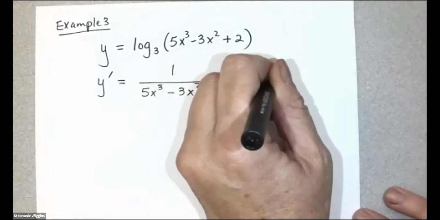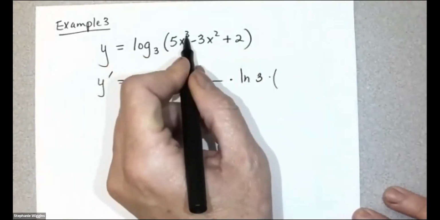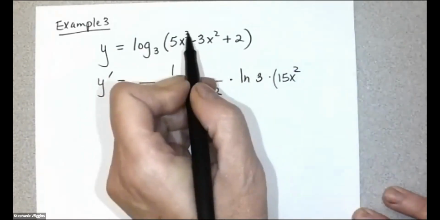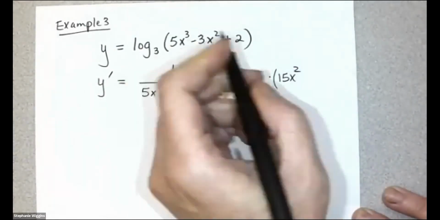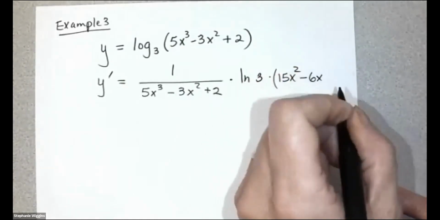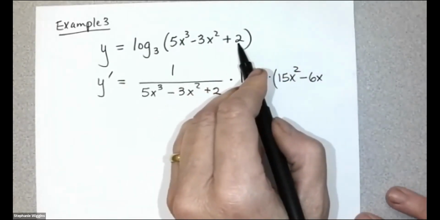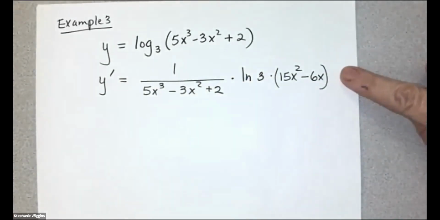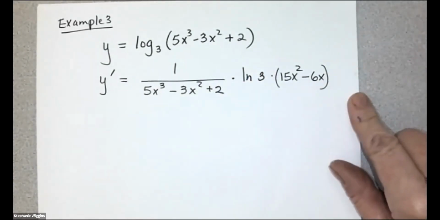And so I need to multiply then by 3 times 5 is 15x squared, subtracting 1 from 3, minus 2 times 3, that's 6x. And the derivative of this constant here is 0. Okay, so this is my final derivative here.